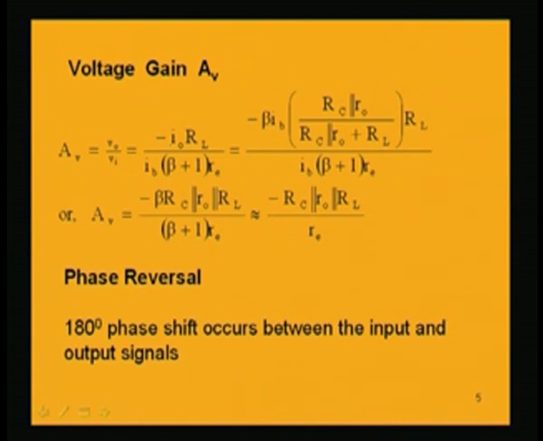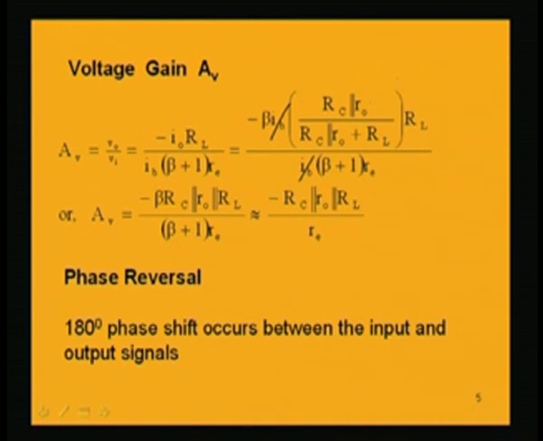Here we are replacing I naught by beta times IB into RC parallel R naught by RC parallel R naught plus RL, into RL. RL is already there in the original expression, and the input voltage VI is given by IB into beta plus 1 into RE. Now we can further simplify this expression: minus beta into IB cancels.